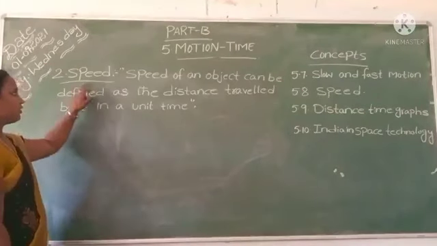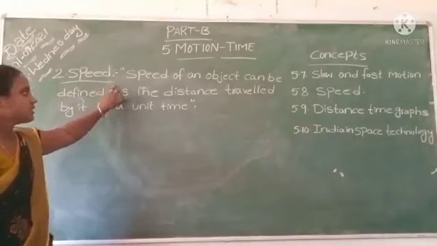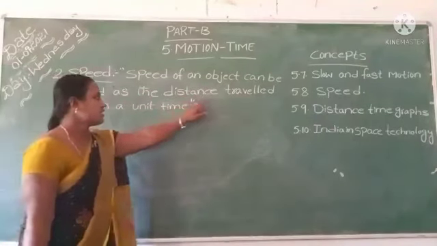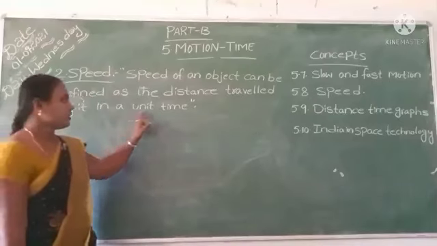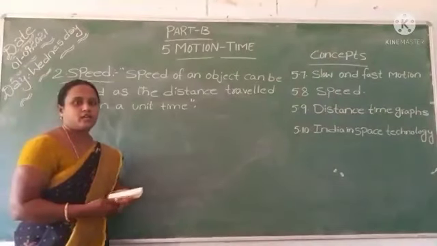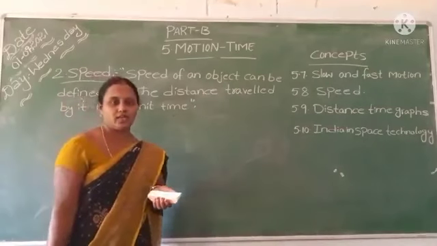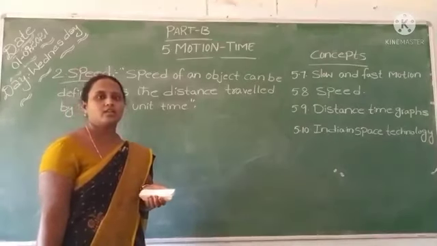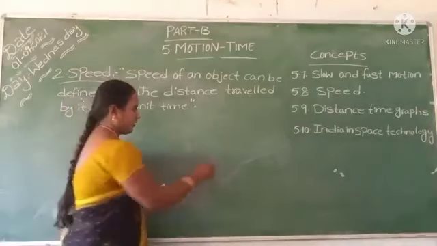Speed of an object can be defined as the distance travelled by it in a unit time. When we travel on the bike, it shows how much distance we are traveling. That we call the speedometer.